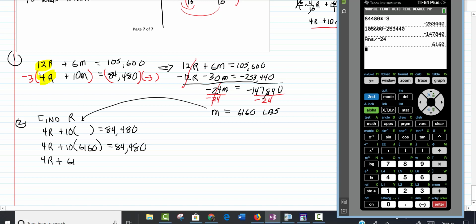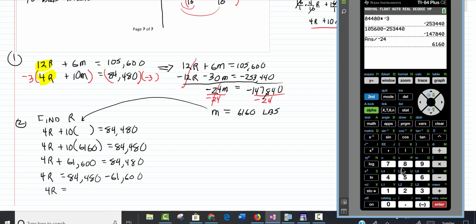So this is 4R. Multiply that out. That's 61,600 equals 84,480. Okay, subtract or move to both sides. You'd have 4R equals 84,480 minus 61,600. Now I'll take my calculator and take 84,480 minus 61,600.